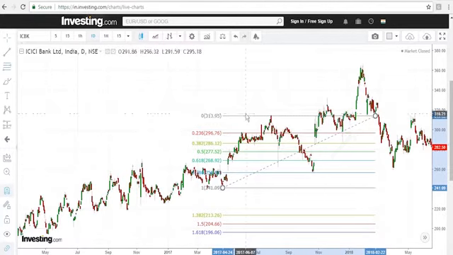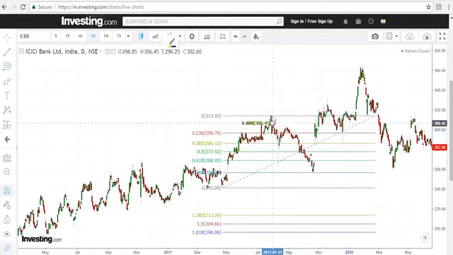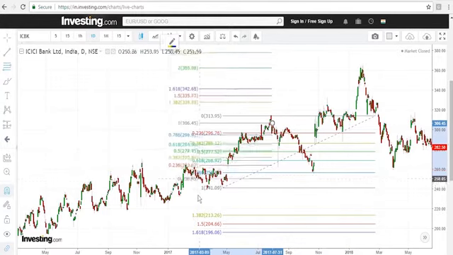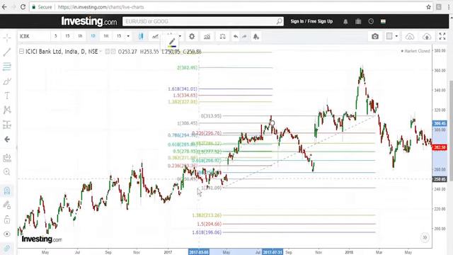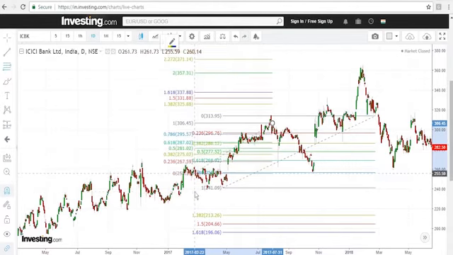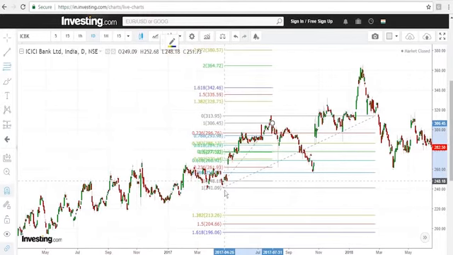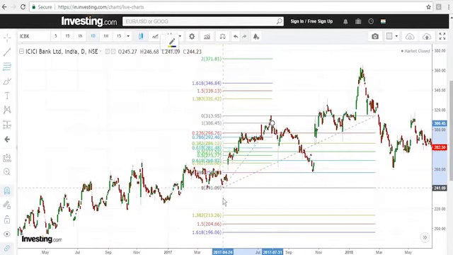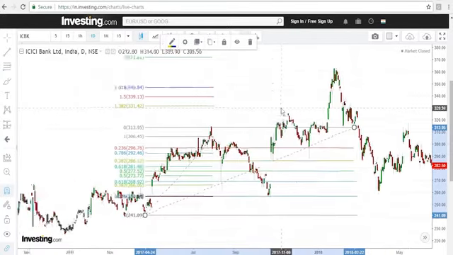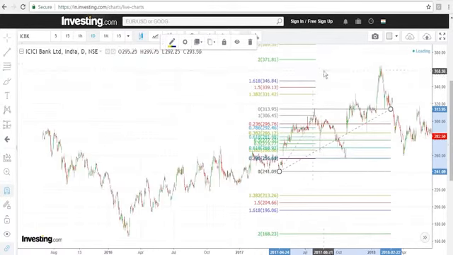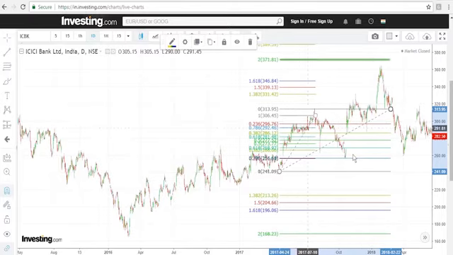So to decide that, this was the initial top and the rally started from this point. So I coincide this here with this point, and if I extend this one, I can see that the market on the upside went close to this 200% extension level.